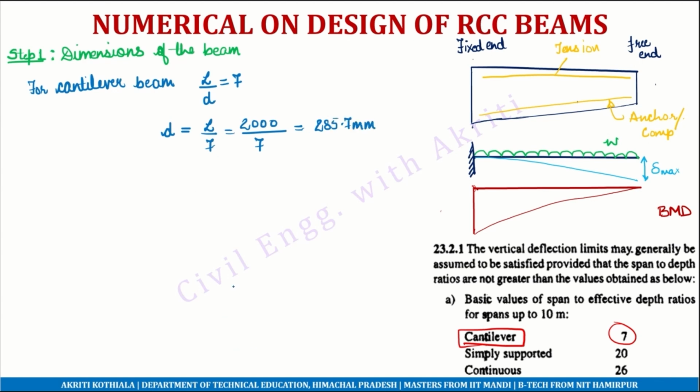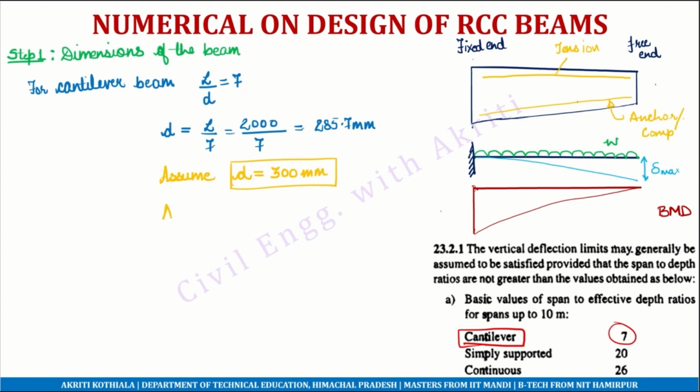So D should be greater than 285.7 mm, and remember this D is the effective depth, the small d value which we have chosen. So let us assume that we will take a higher value than the estimated one here. So let's assume D to be equal to 300 mm, higher than 285.7 mm. Now from the previous slide we know that the nominal cover has to be greater than 20 mm.